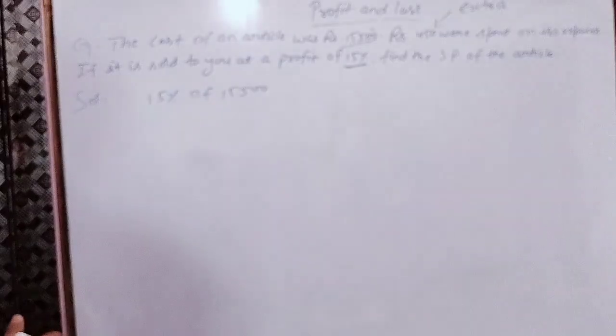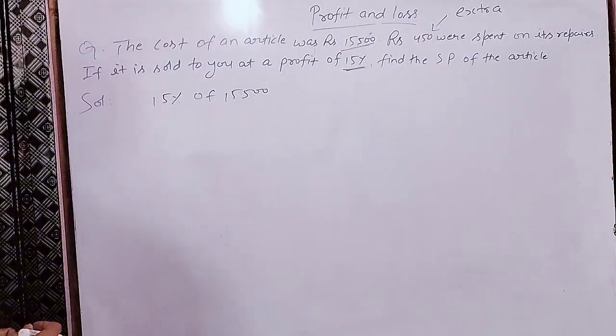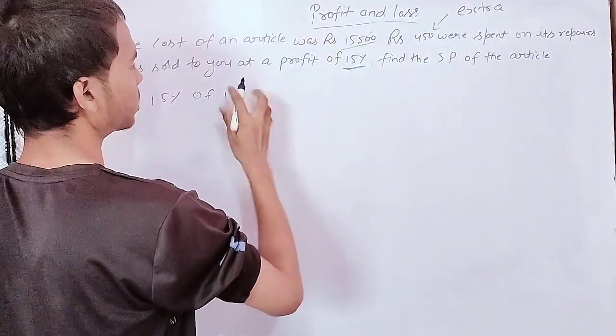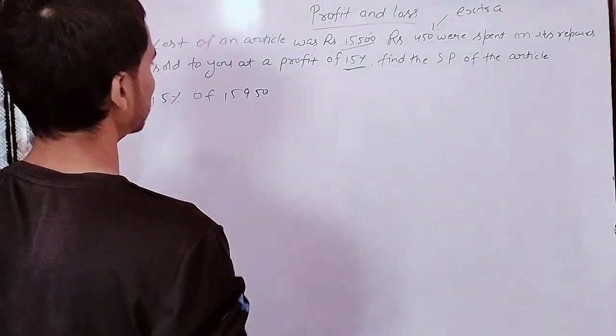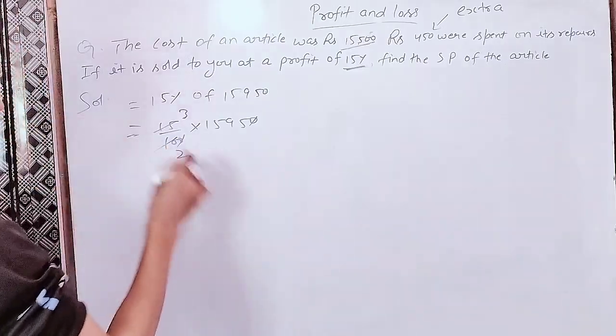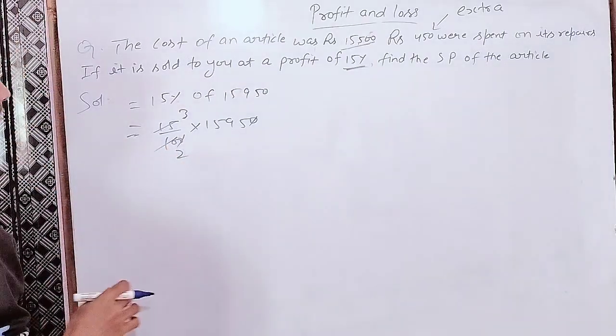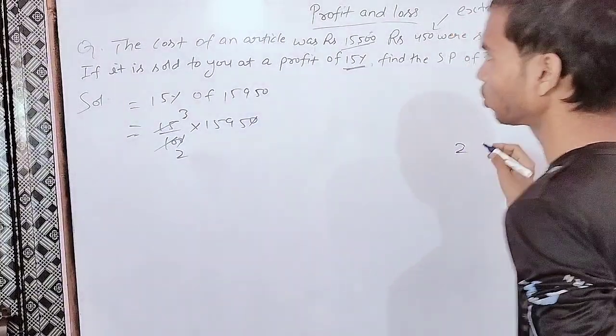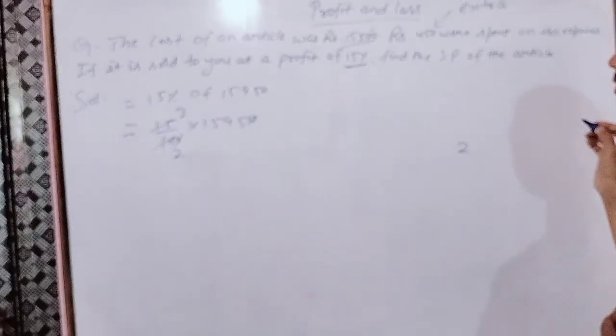Even we can add. Is that it? No. 15 upon 100 multiplied by 50, two fives are, three fives. Yeah, three fives. Again, two. Hold on.